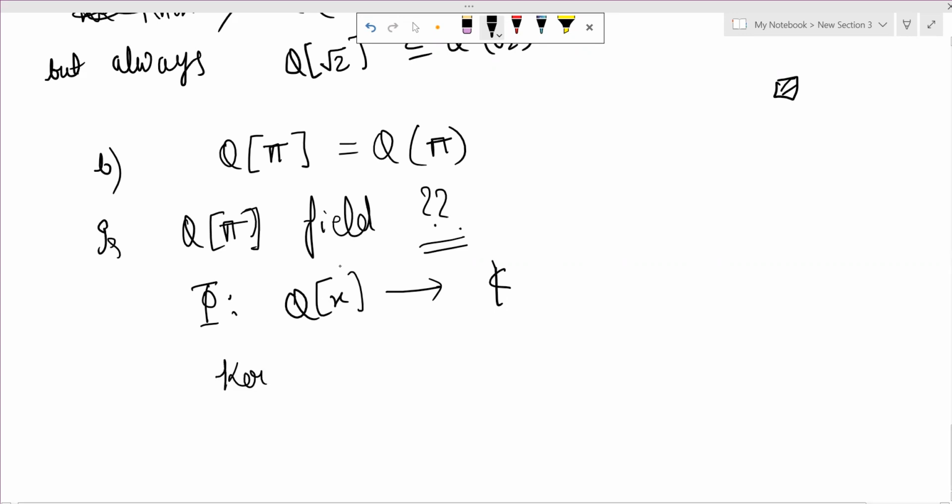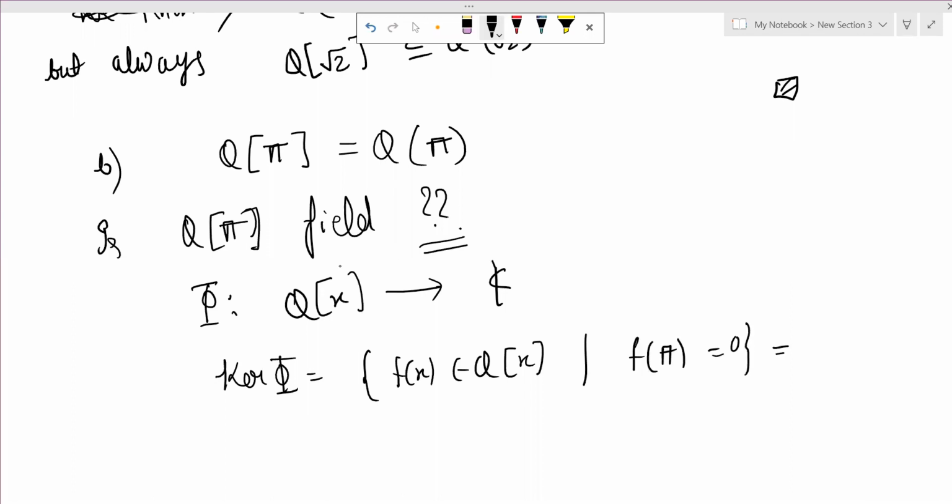The kernel of phi is the set of f(x) belonging to Q[x] such that f of pi equals 0. This is precisely the zero polynomial.